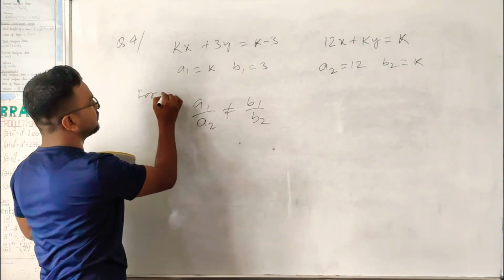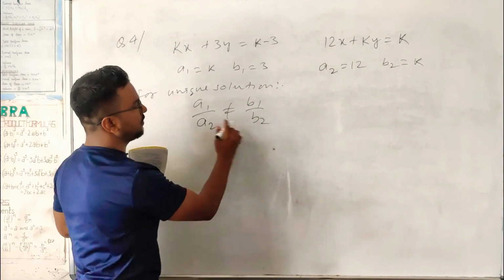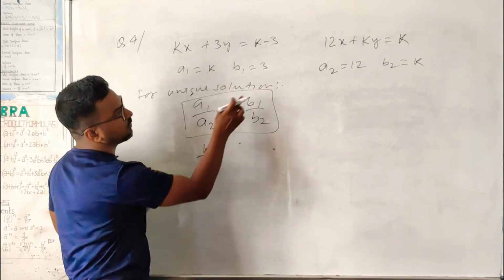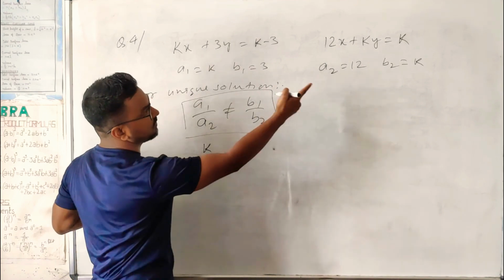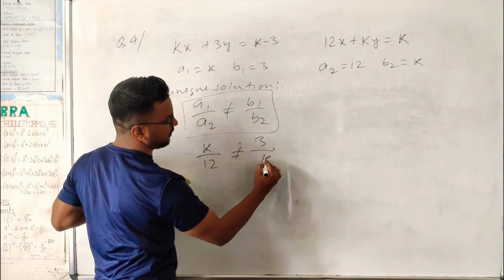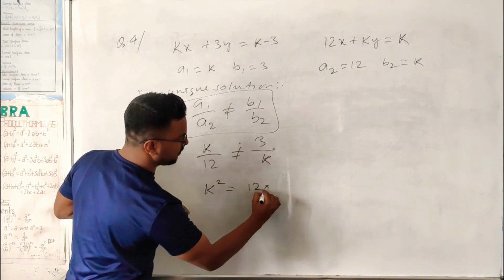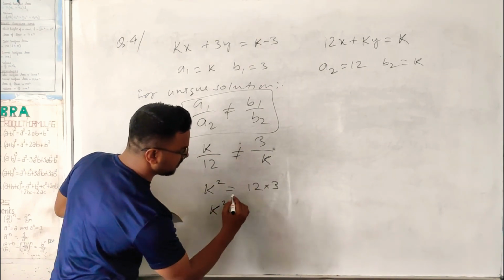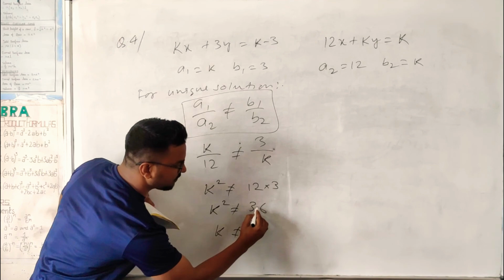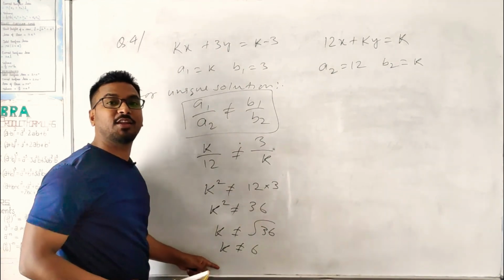So for a unique solution we follow this formula, right? So you just replace those values. k by 12 not equals to 3 by k. If you cross multiply, it will be k square, and on the other side, 12 into 3, so k square is not equals to 36, and k is not equals to square root of 36, that is k not equals to 6.